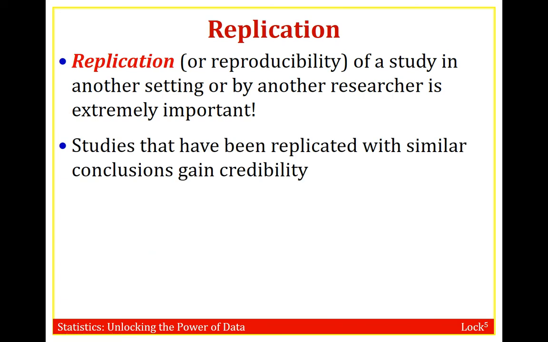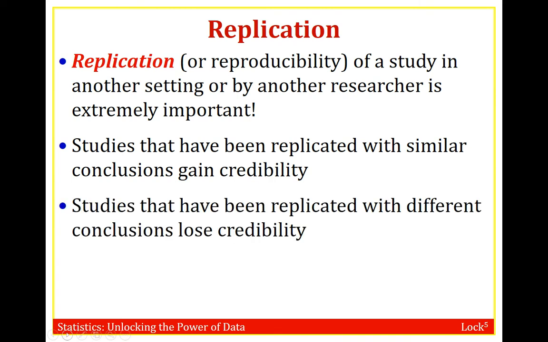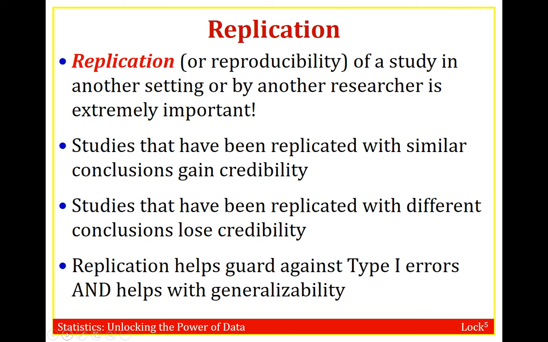Studies that have been replicated with similar conclusions gain credibility. So when you can have somebody back up what you have done, that's a big deal. Studies that have been replicated with different conclusions lose credibility pretty quickly. And replication helps guard against type 1 errors and helps with generalizability.